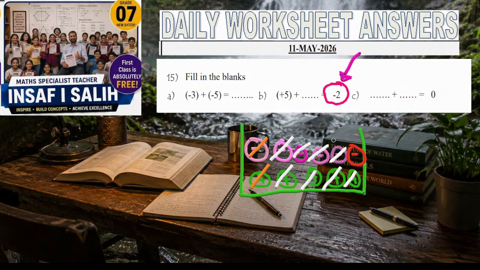Now this orange negative, will it get destroyed? Is any of its enemy present in the basket? Who is this negative's enemy? Positives. But do we see any positives inside the basket? No. There were positives, but all of them got destroyed. So is there any positive to fight with this orange negative?